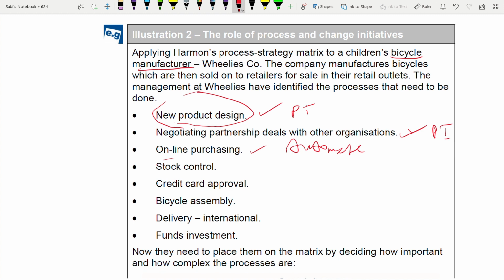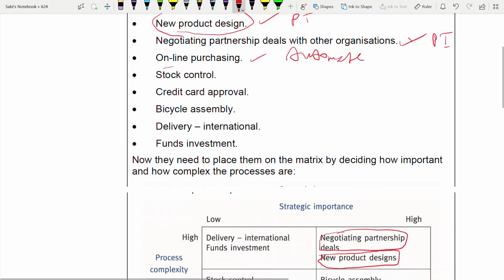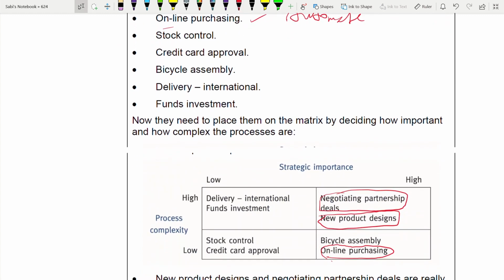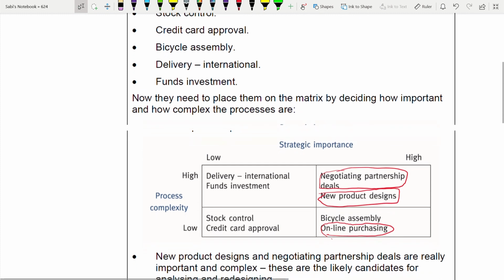Tell me. Stock control. I'm sure that you are confused between two things, whether you have to automate or outsource. Stock control, you can give it for, it's low. So it's neither minimal effort.